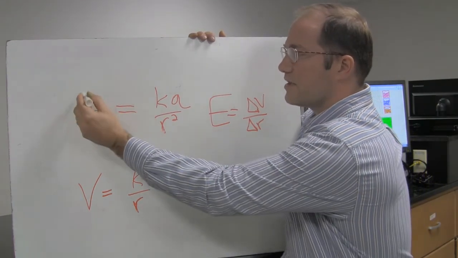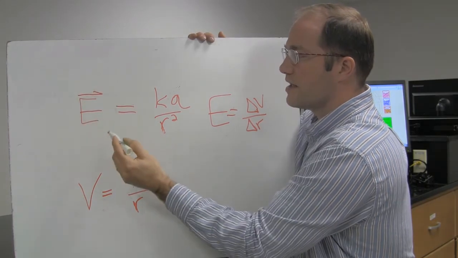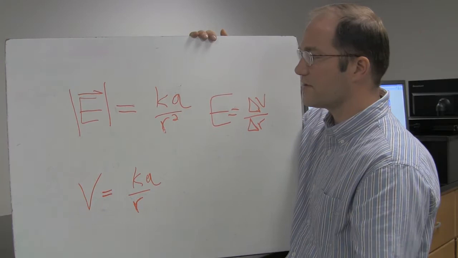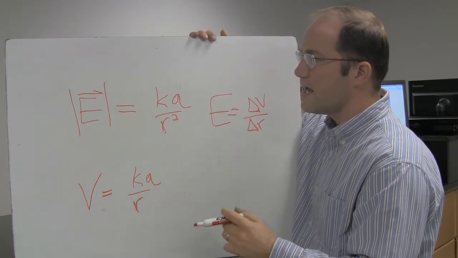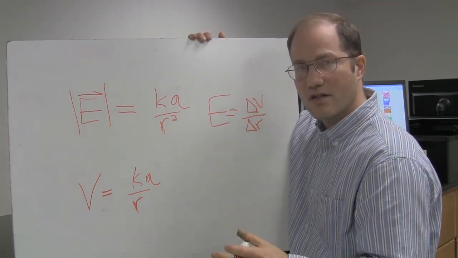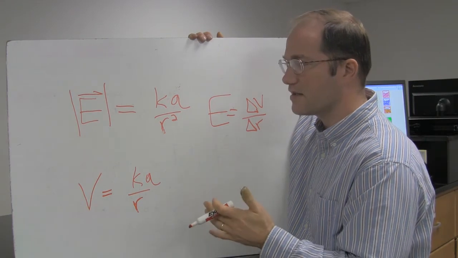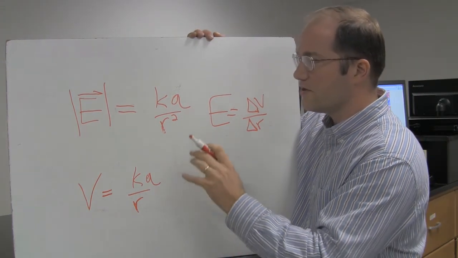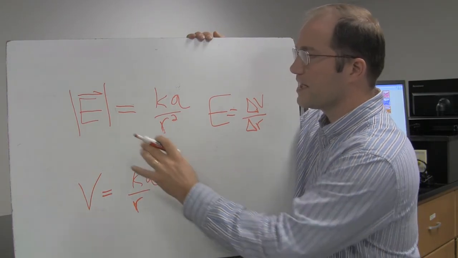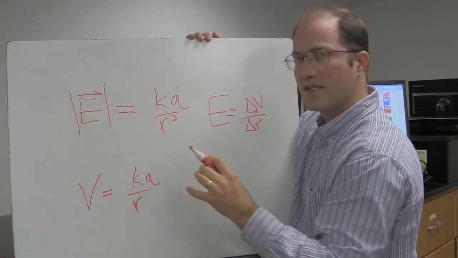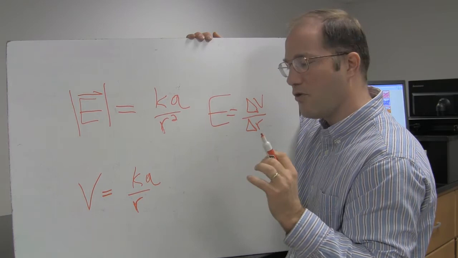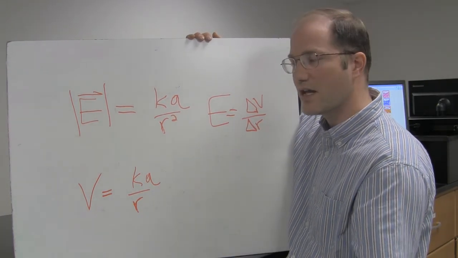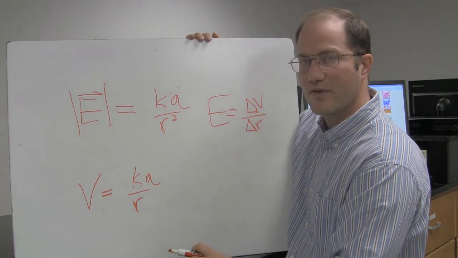The electric field is a vector quantity. And so this equation describes the magnitude of the electric field. The way to determine the direction of the electric field, which you must, because it's a vector quantity, is to use the simple rule that the electric field will always point away from a positive point charge and toward a negative point charge.